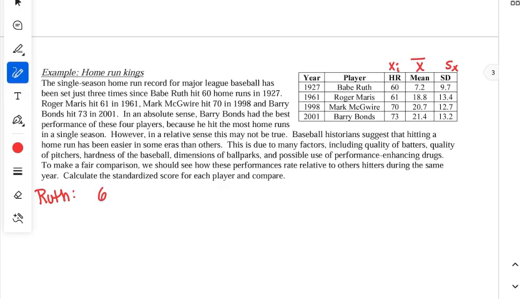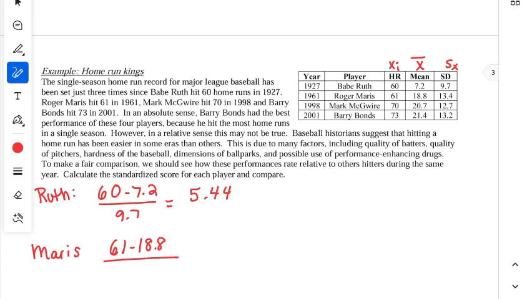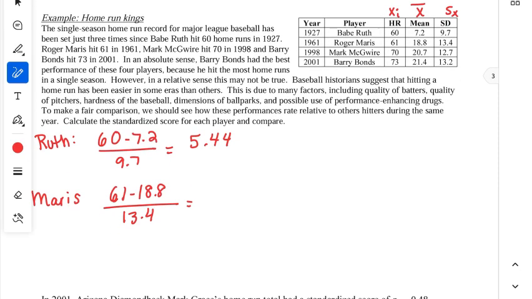So let's do Babe Ruth. 60 minus 7.2 over 9.7. So we put that into the calculator. Get 5.44. Roger Maris. 61 minus 18.8 over 13.4. Let me divide that.